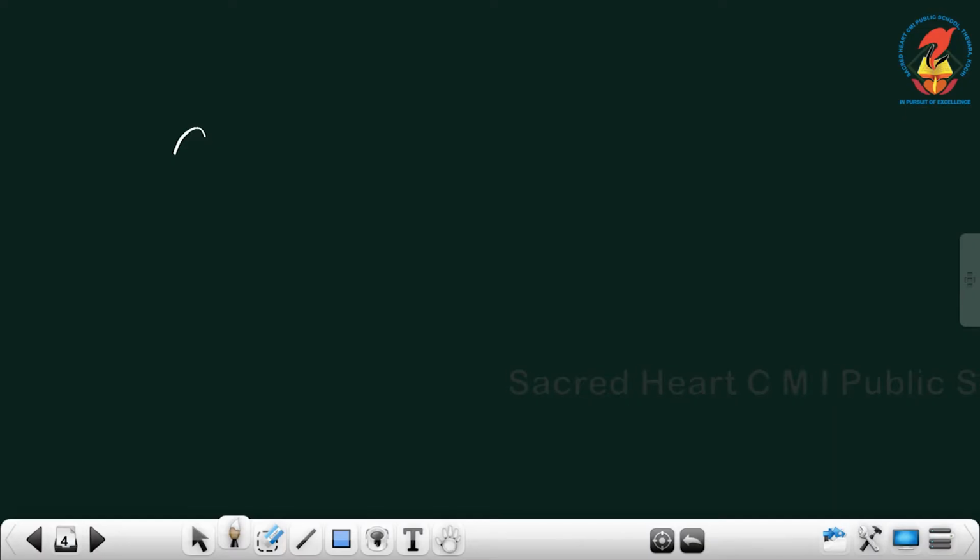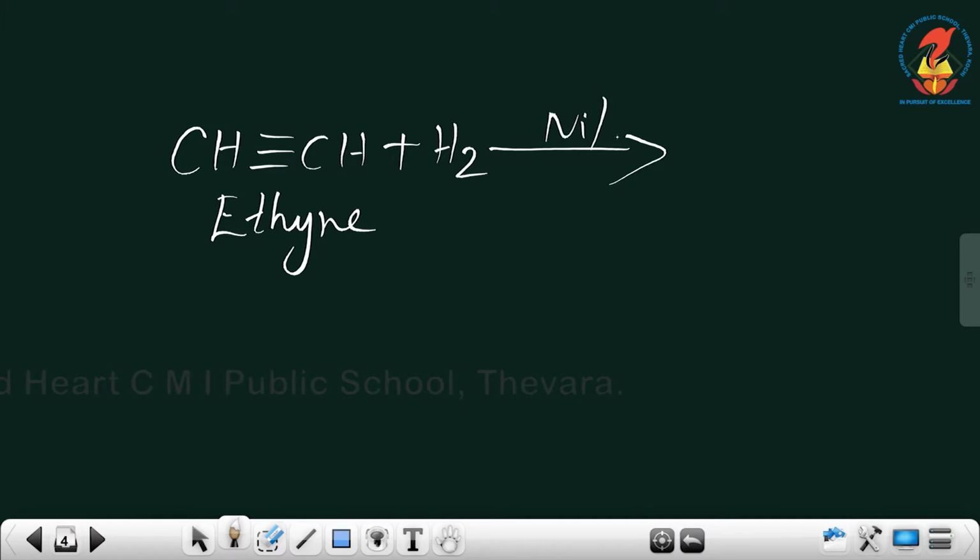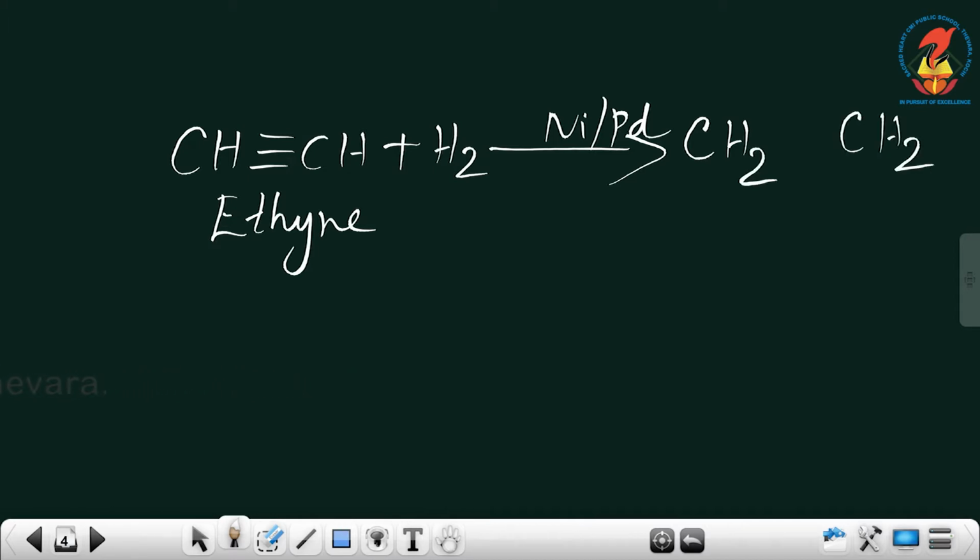Next is CH triple bond CH, ethyne. This is also an unsaturated compound. So, a molecule of hydrogen is added to it in presence of nickel or palladium. So, what happens is, one hydrogen adds on the first carbon making it CH2, second hydrogen adds to the second carbon atom making it CH2.